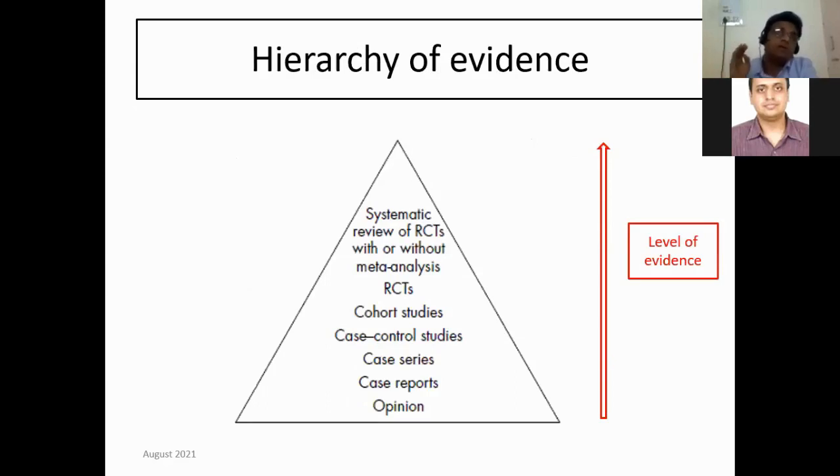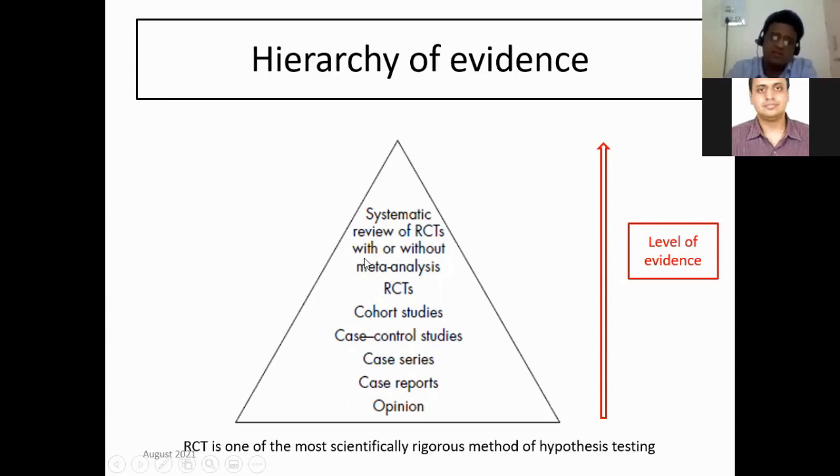We know that randomized control trials are at the highest level of the hierarchy of evidence, and that case reports, case series, case control and cohort studies are much below the RCTs. RCT is one of the most scientifically rigorous methods of hypothesis testing.